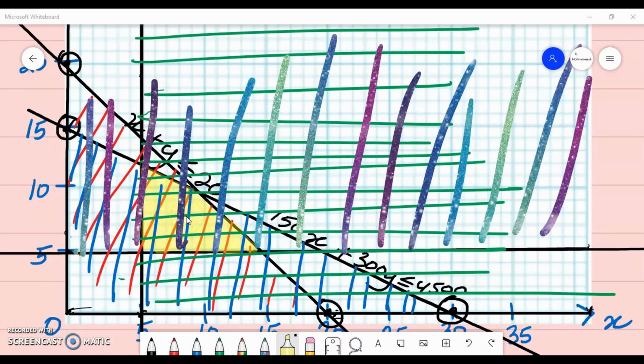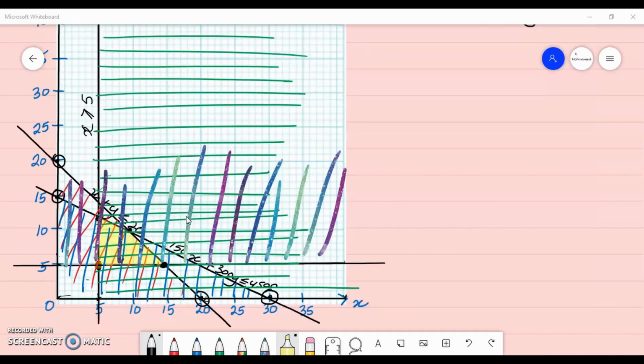Now what I want you to do is take the vertices, and I'm going to use my black here. Take the vertices of that figure, that quadrilateral. So I'm going to take that point there, that point there, here and here, and I am going to write the coordinates of those vertices. For this one right here, the coordinate is going to be (5, 5).